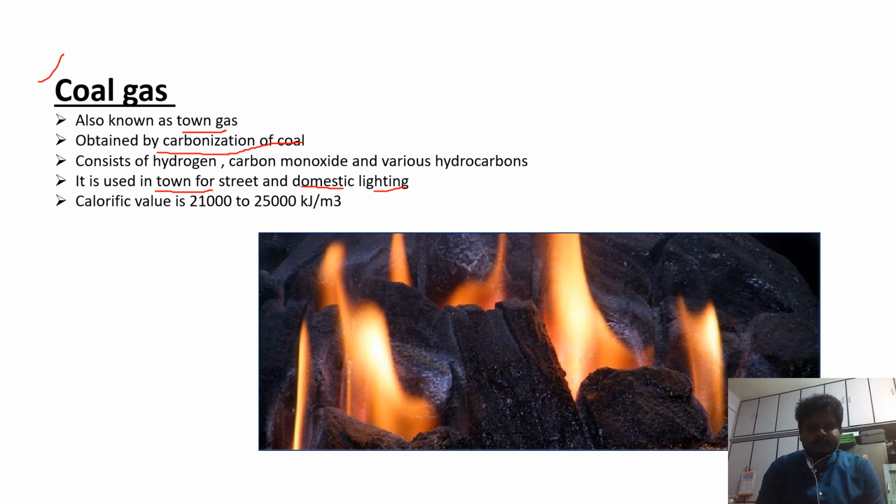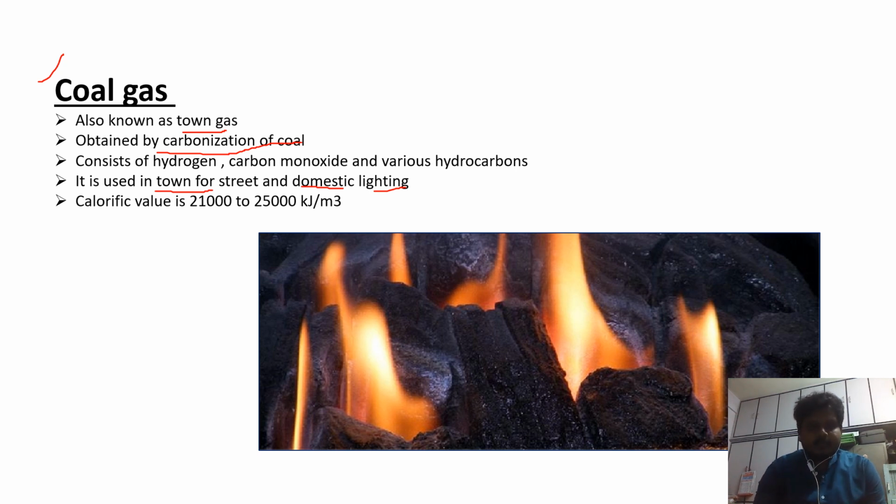Carbonization means heating the coal for 42 to 45 hours in the absence of air in a closed vessel. The process is known as carbonization. So by carbonization of the coal, we can obtain the coal gas.